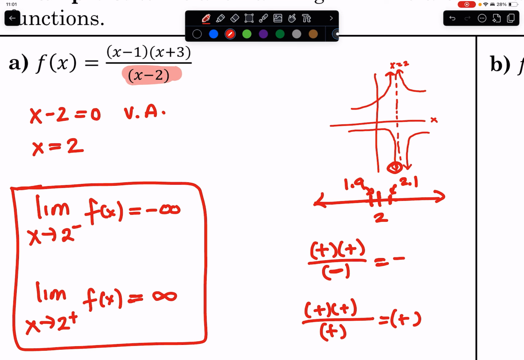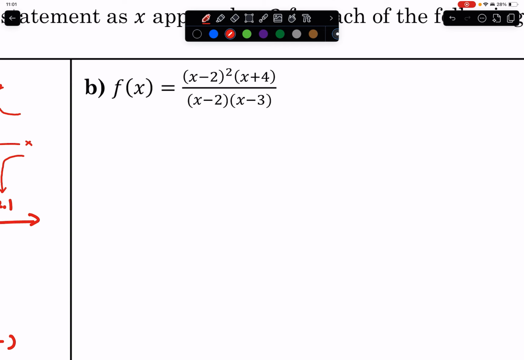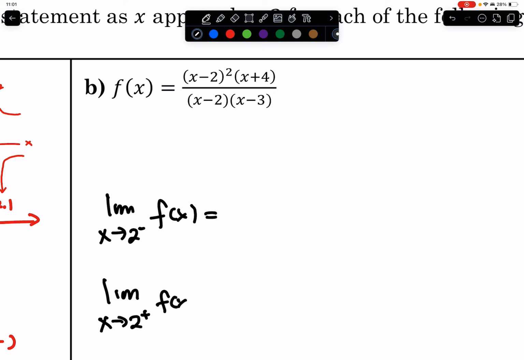So now let's look at the next one. For this one right here, again, we want to write a limit statement as x approaches 2 from the left, and we want to see what happens as x approaches 2 from the right for this function. Well, remember, two things can happen.